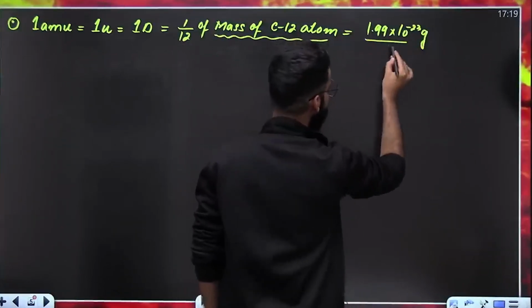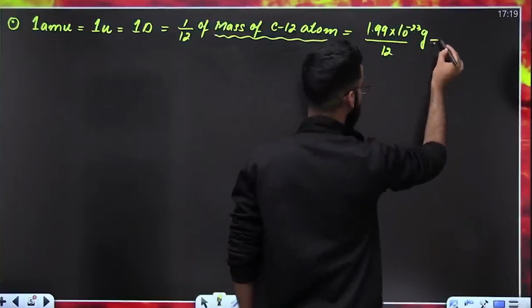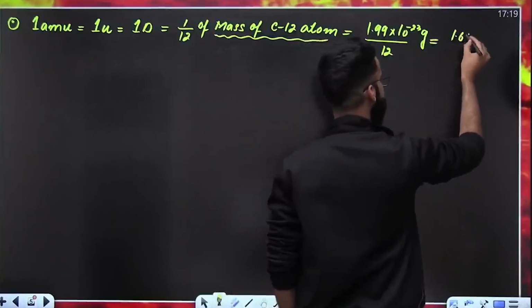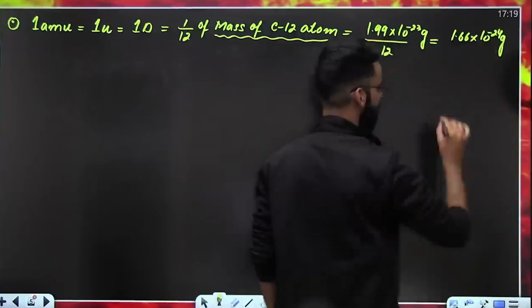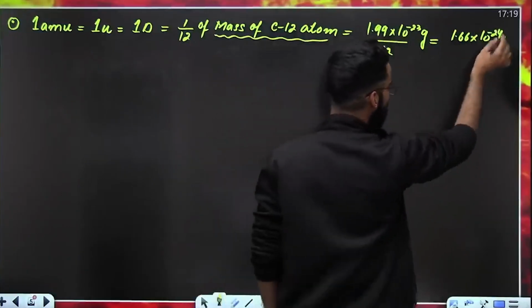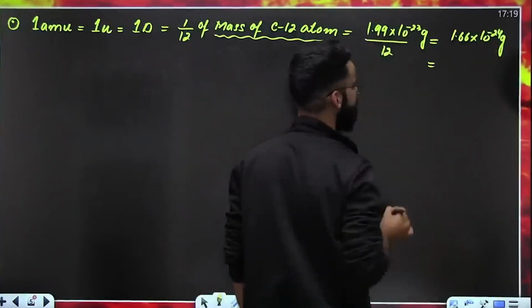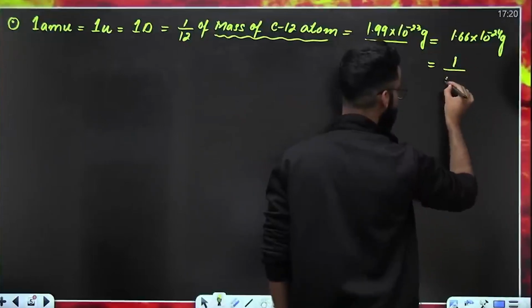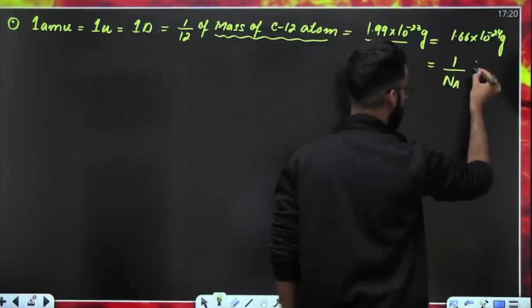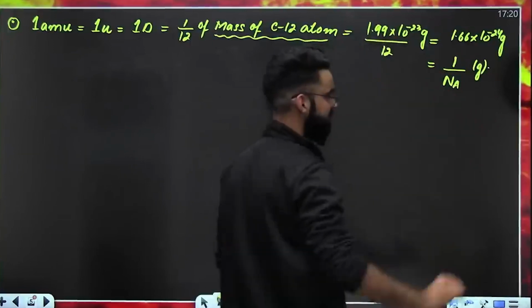Now, if I divide this number by 12, I get exactly 1.66 × 10^-24 grams. And you can represent this as 1 divided by Avogadro's number, with units in grams.